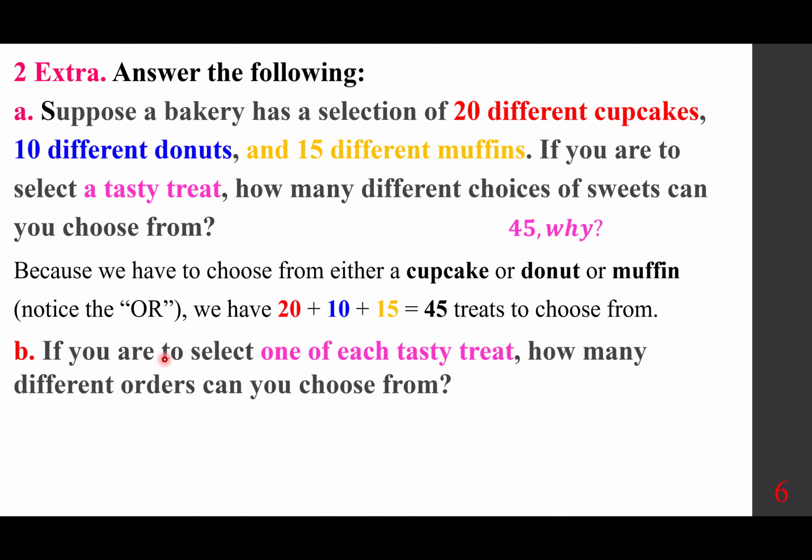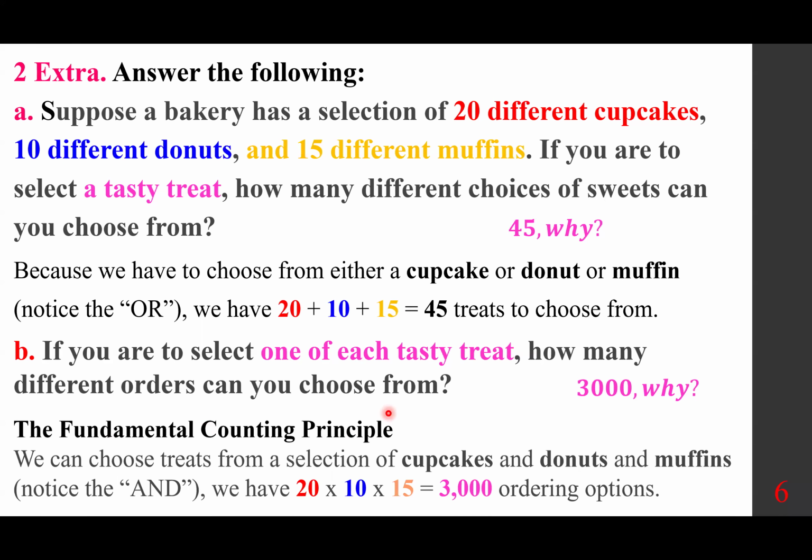If you're to select one of each tasty treat, how many different orders can you choose from? Now it's a lot more. It's 3,000. Why is that? We're going to choose one from here, one from here, and one from here. So this gives us 20 choices, this gives us 10 choices, this gives us 15, and therefore we're going to multiply.